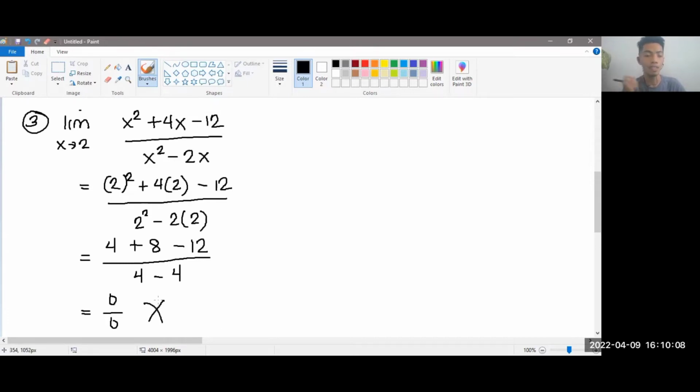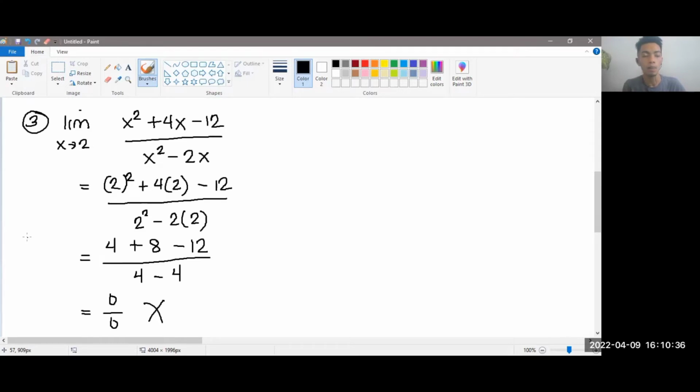No, it's not acceptable. So anong meron tayo dito sa part na to? So meron tayong tinatawag na indeterminate form. Ibig sabihin, yung naging sagot natin dito is indeterminate, which is 0/0. May limit talaga siya.